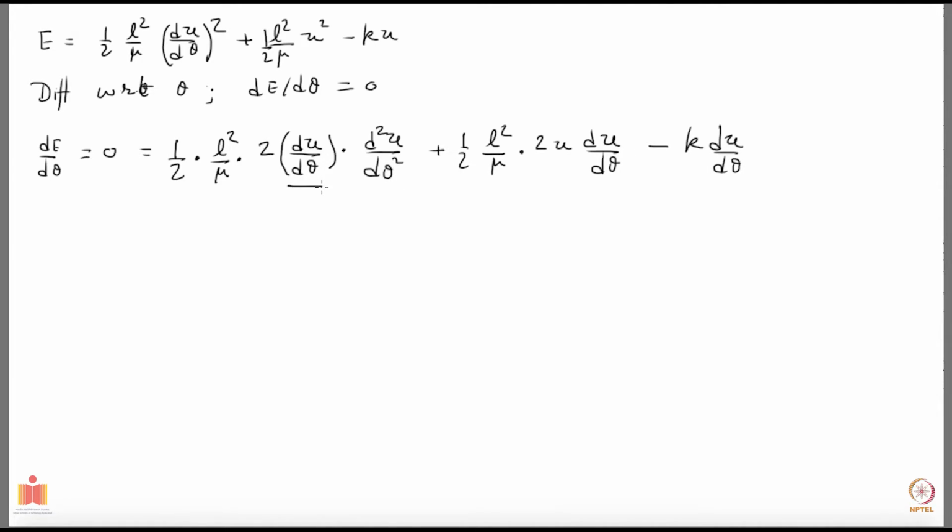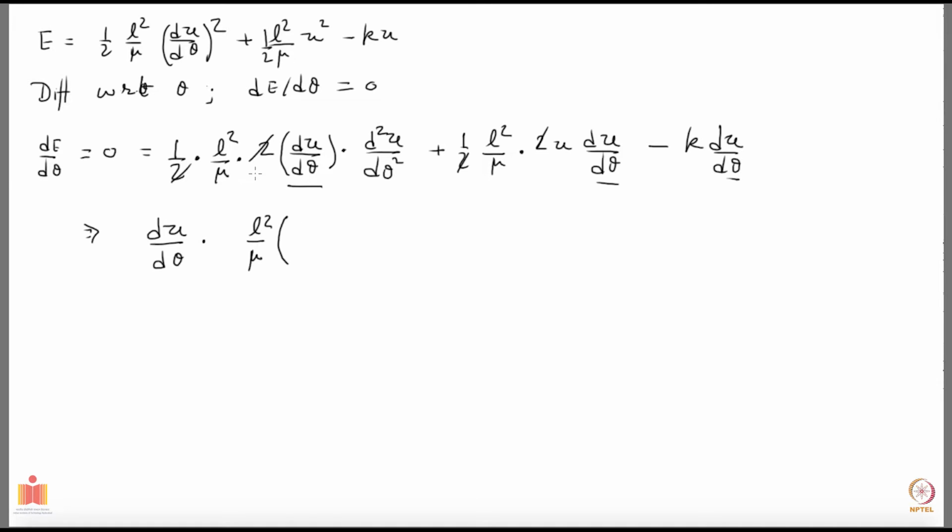Each of them has a piece du over d theta, which I can pull out. Let me cancel this half. Let me cancel this factor of half also, and yeah. So this implies that I can write the above equation in the following manner. Let me see. Correct, all is good till now. So I have L squared over mu.